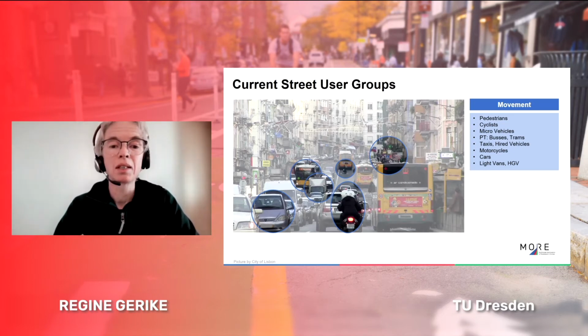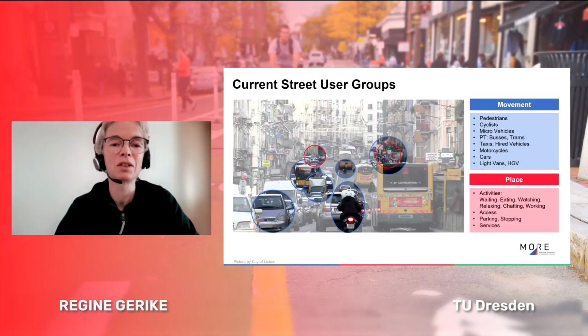And then the second dimension is the place functions. So we have streets as destinations. Streets are not only conduits for moving people and goods, but they are also destinations on their own. And let's have a look at the place functions here. So first of all, there are the activities, waiting, eating, watching, relaxing, chatting, working in the public space on the sidewalks. Then we need to provide access to the buildings next to the street.